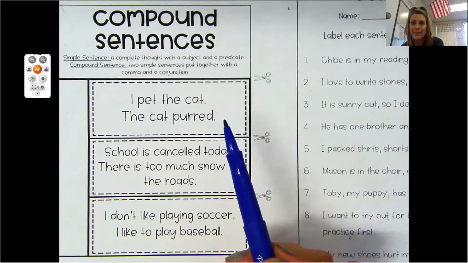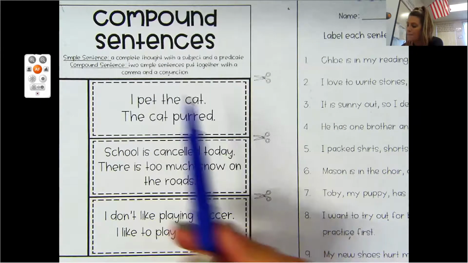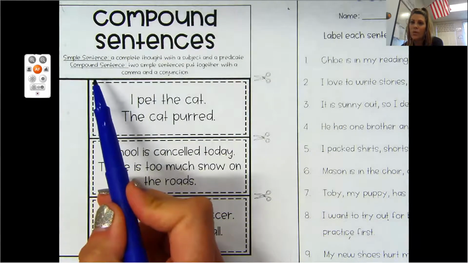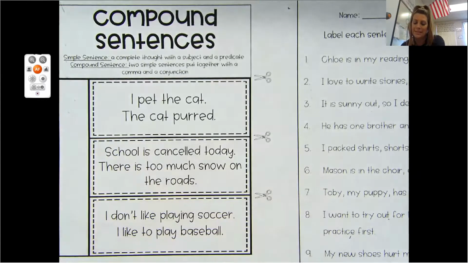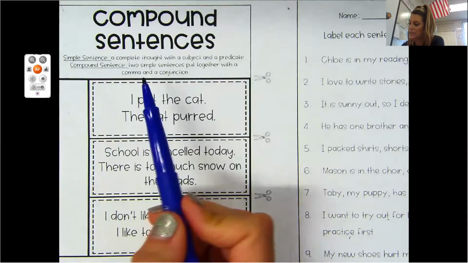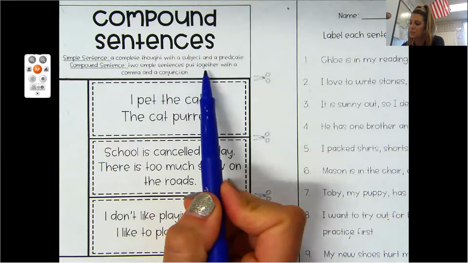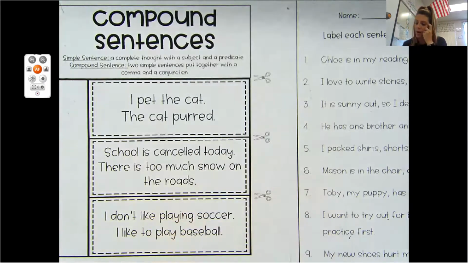Those are both simple sentences. But now we want to turn these 2 sentences into one amazing compound sentence that has 2 simple sentences put together with a comma and a conjunction. How could we combine these 2 sentences?